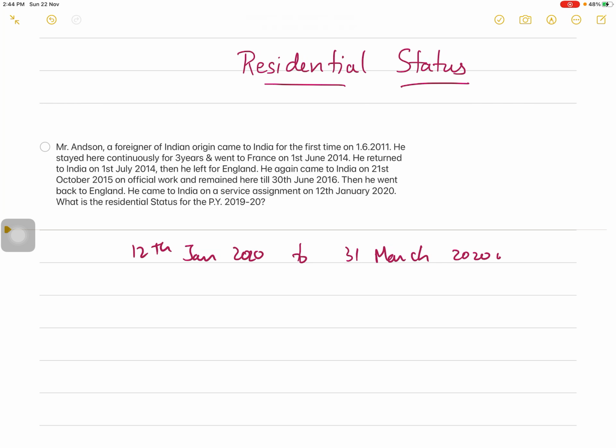Okay, so there are 31 days in the month of January, right? And 2020 is a leap year, so in the month of February there are 29 days. Okay, don't forget that. So when we are calculating number of days, previous year 2019-20 means there are 366 days in a year.